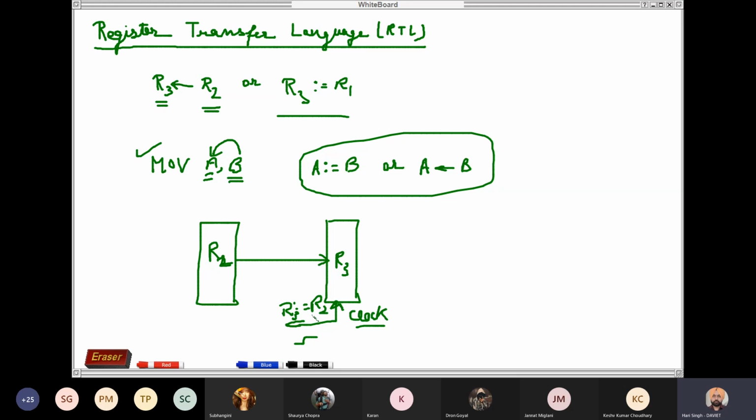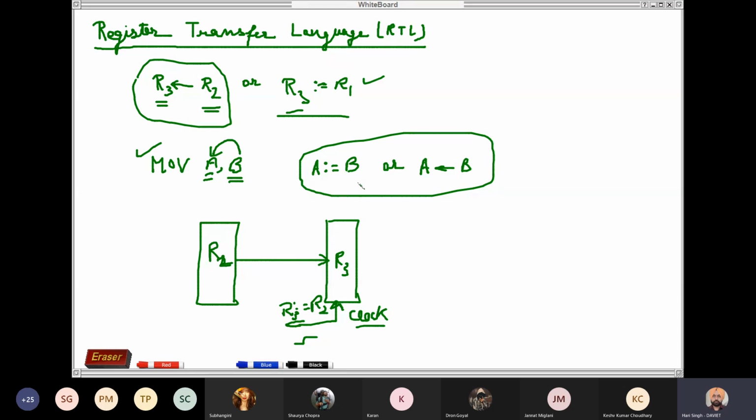Anyways, the data transfer operation you can write either by using the arrow from R2 to R3, or R3 colon equal to R2. So this indicates the data transfer operation.